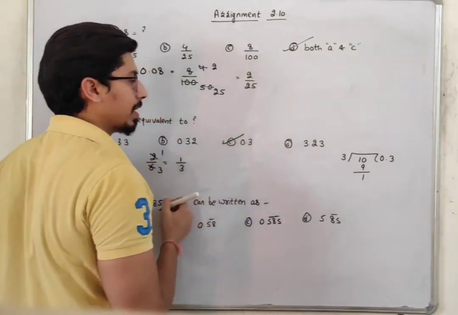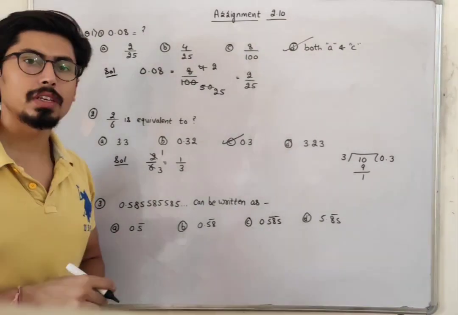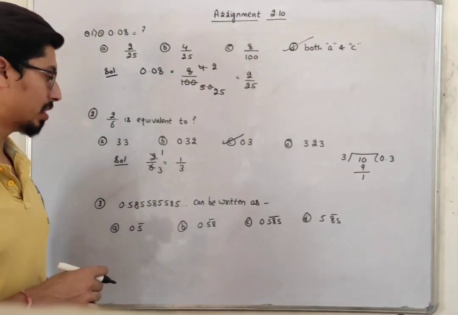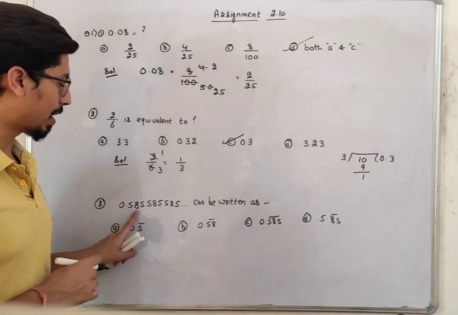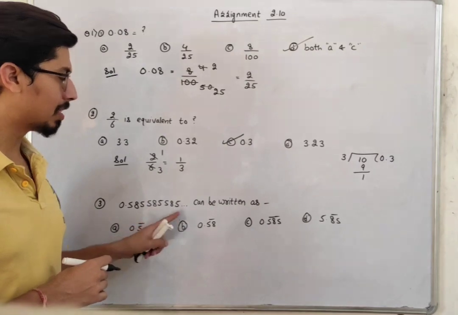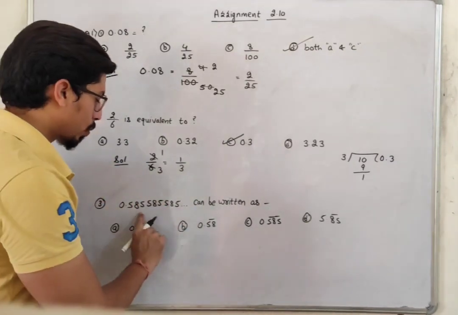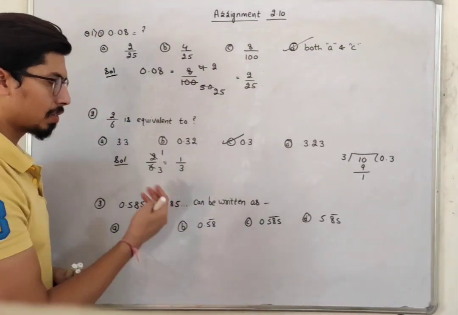So 0.3 bar, that is part C, is our required answer. Okay. Now moving forward to our next part, students, we have 0.585585 with a dash dot, which means this sequence of numbers will keep on going. So it can be written as which among these?